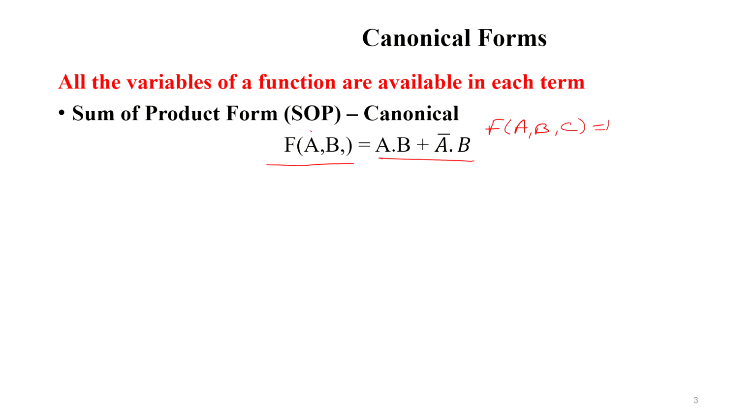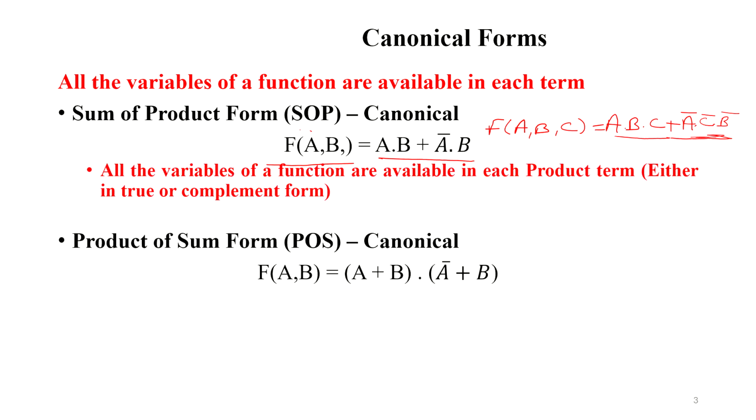If you have A dot B dot C plus A bar dot C bar dot B bar, all three variables are there in both terms. So this is a canonical form, when we have all the variables available. Here it is two variables only, A and B, and A and B are present in both the terms.